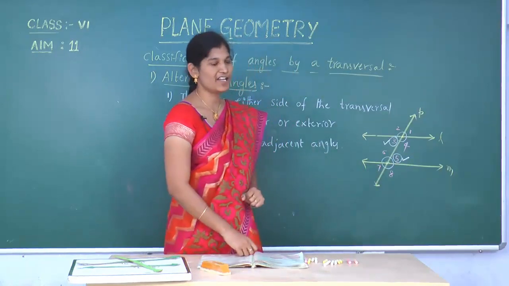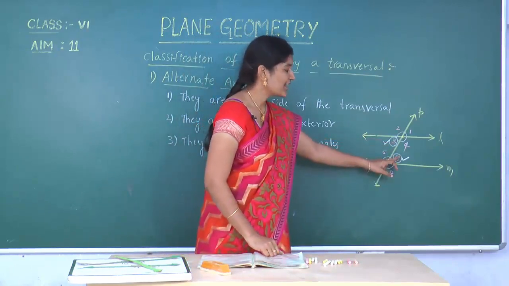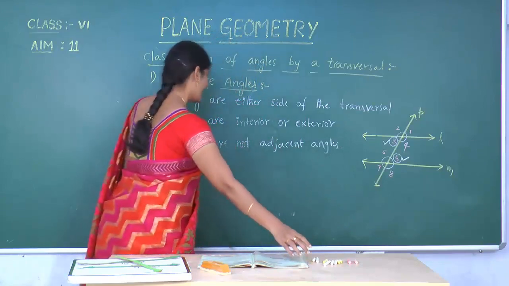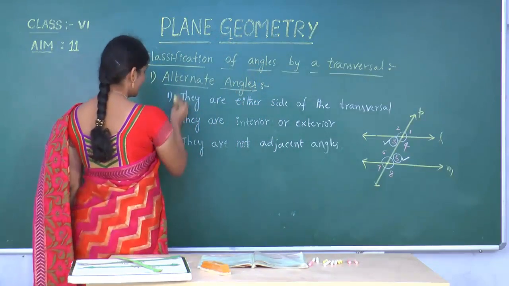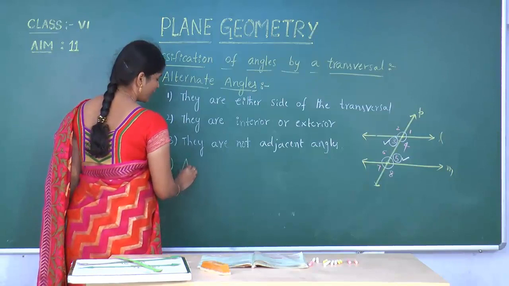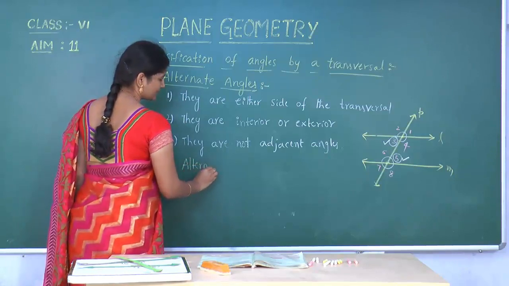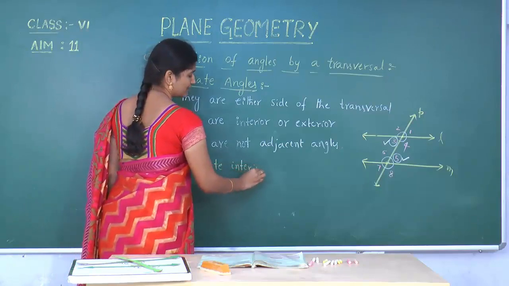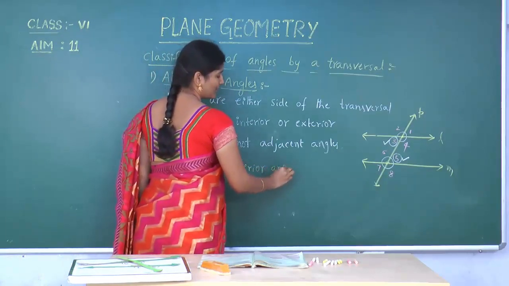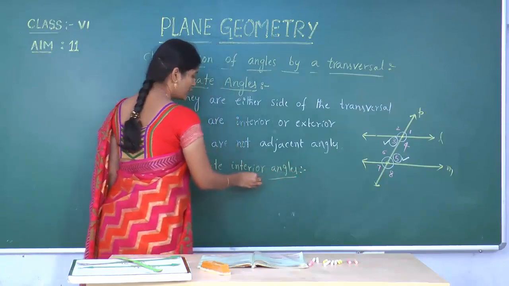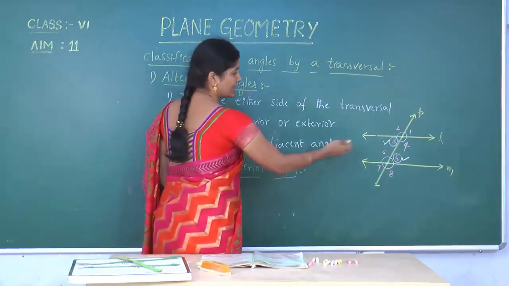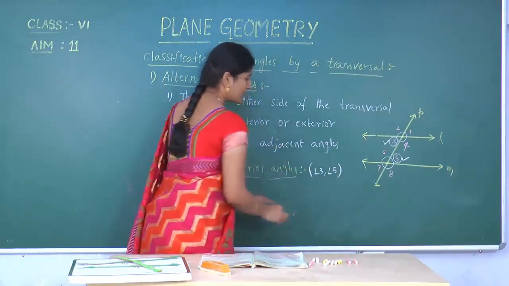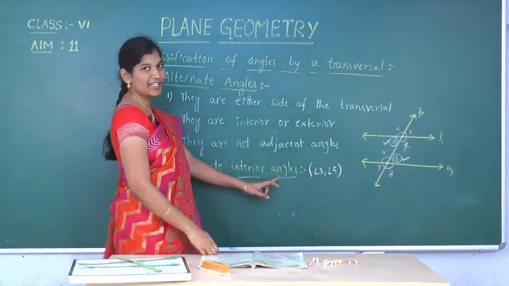Especially we can give the name pair of interior alternate angles, and we can give one more name in this subcategory, alternate interior angles. What are those pairs? Now let me write here: angle 3, angle 5 are a pair of alternate interior angles.